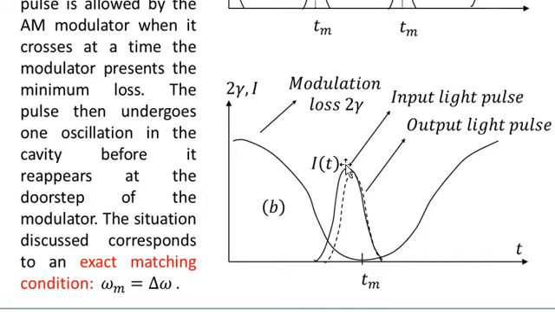So you see that the peak corresponding to this solid peak, which is the laser peak oscillating in the laser cavity, is slightly behind the opening time, the time when the modulator is presenting the minimum loss.